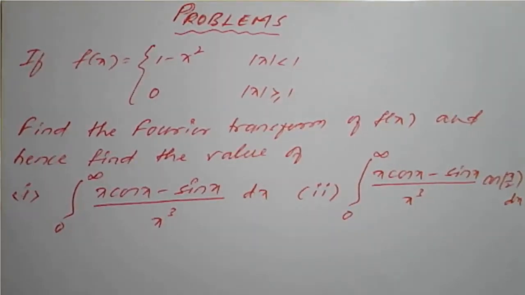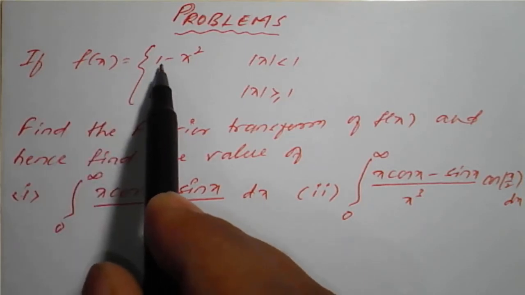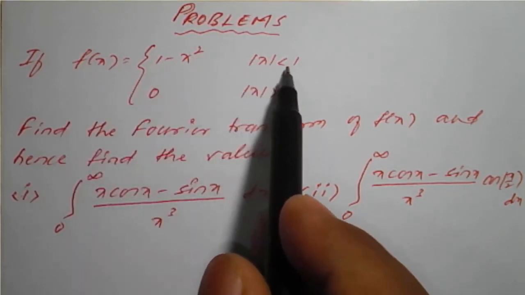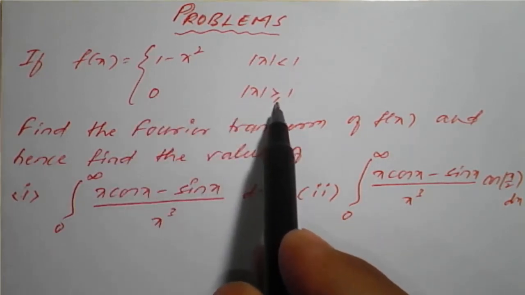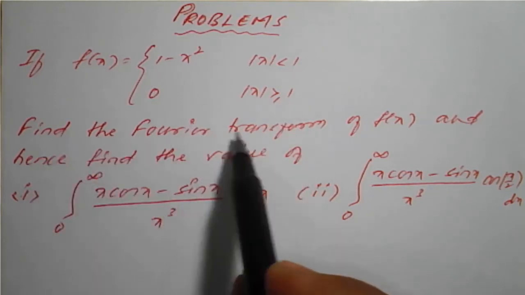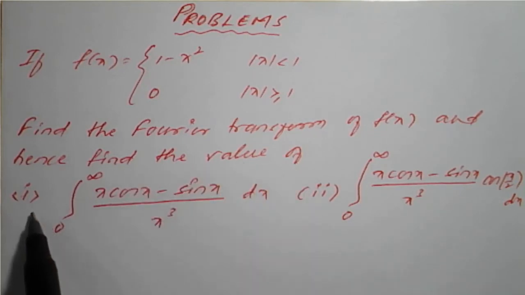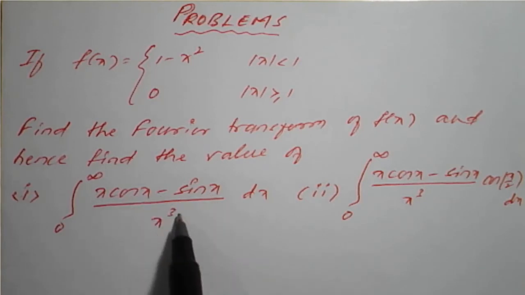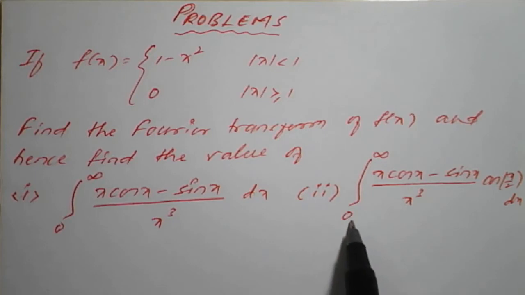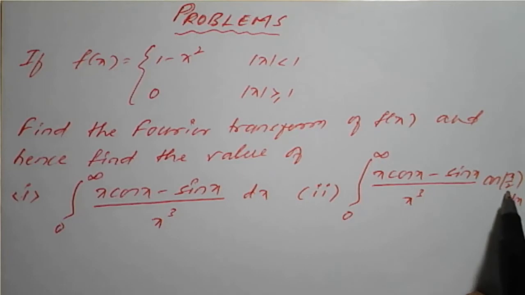Problem on Fourier transform. If f of x is equal to 1 minus x square for mod of x less than 1 and 0 for mod x greater than or equal to 1, find the Fourier transform of f of x and hence find the value of first one, integration 0 to infinity (x cos x minus sin x) divided by x cube into dx, and second one, 0 to infinity (x cos x minus sin x) into cos of x upon 2 whole divided by x cube into dx.